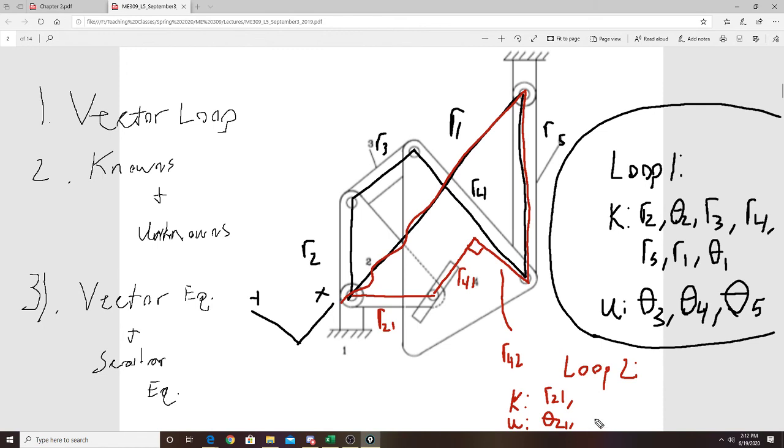Will R41 stay the same? R41 is defined by this pin touching this point. Will it be the same? It will not be. You are correct. So R41 will not be. What about theta 41?